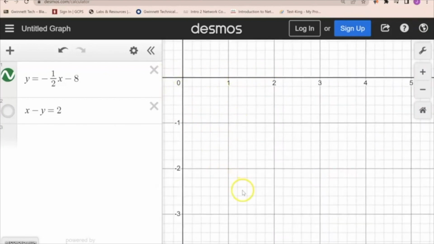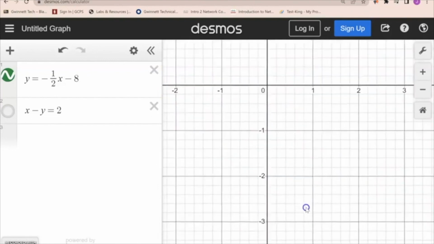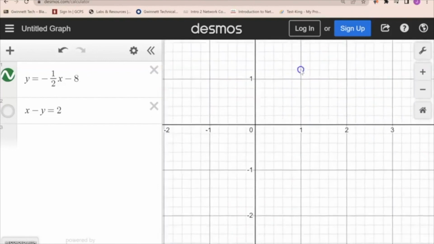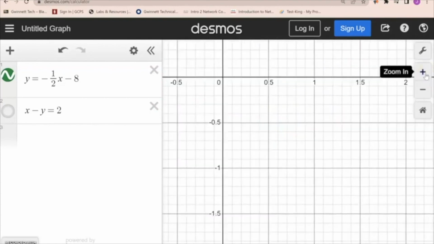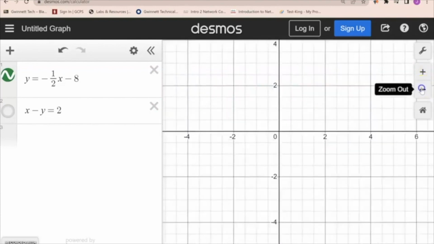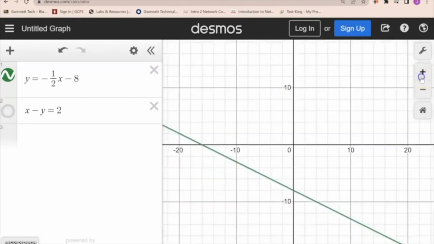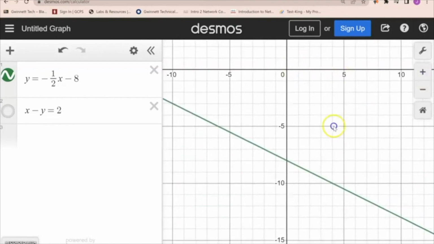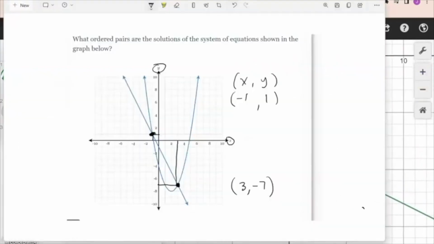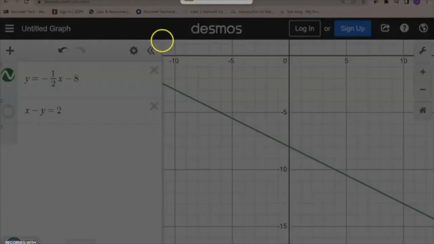So whichever way does not matter, just whichever way you find it easier. For me, I'm going to zoom to make the little boxes. So I'm going to zoom out so I can see 5, 10, 15. Okay, those are my little boxes. So each box is 1. Take a screenshot of this so I can show you how to copy it.